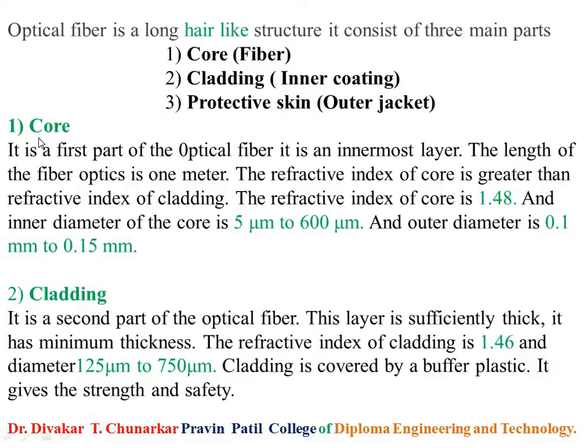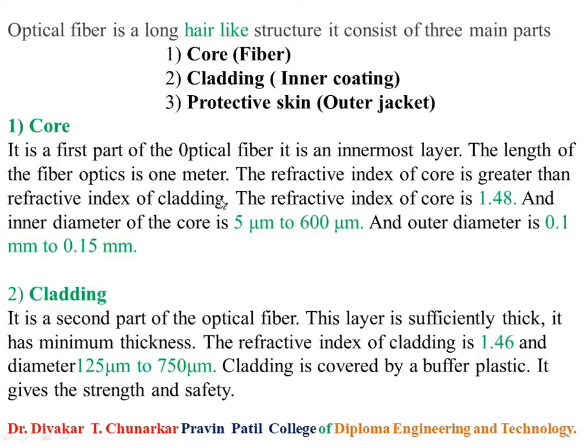First I will explain the core. Core is the first part of the optical fiber. It is the innermost layer. The length of the fiber optic is 1 meter. The refractive index of the core is greater than the refractive index of the cladding.